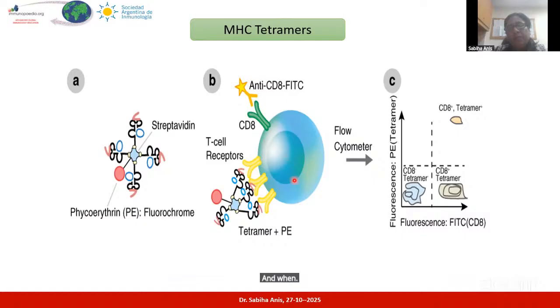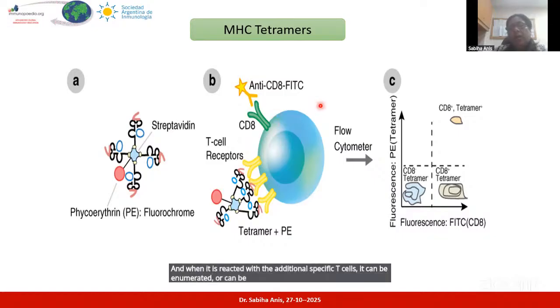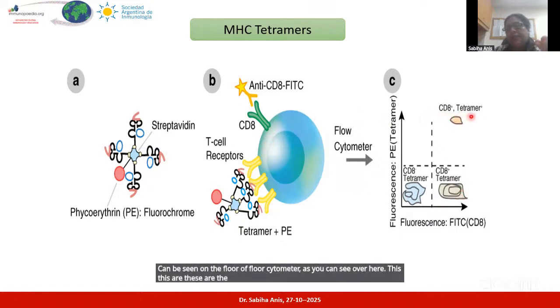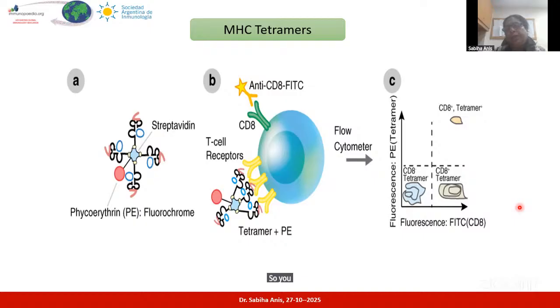And when it is reacted with the antigen-specific T cells, they can be enumerated or tagged or seen on the flow cytometer. As you can see over here, these are the CD8 tetramers. So you can actually quantitate these T cell responses by this test.